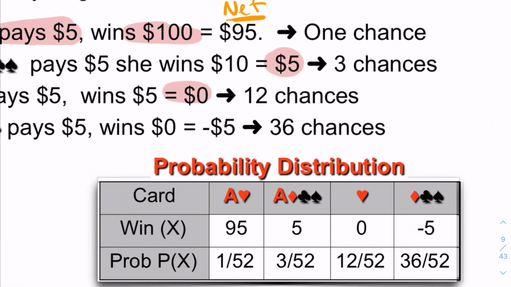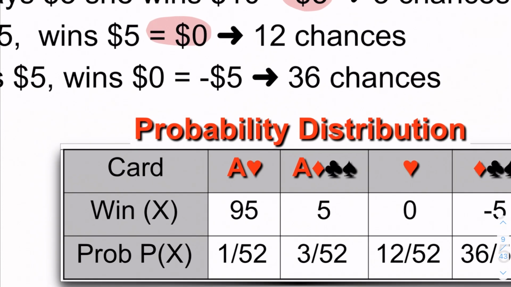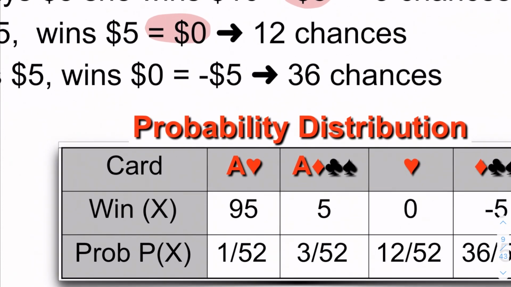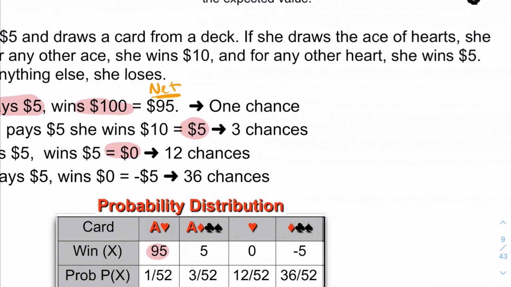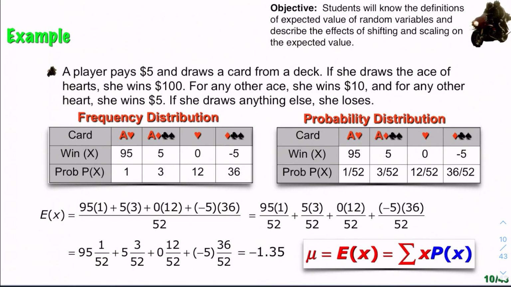So we can come up with this probability distribution. This is our model. We have our variable, which is winning the game, and your payout. So if you draw an ace of hearts, you win $95, but that's a 1 in 52 shot. So if I take this distribution, what I want us to do is find the expected value, which is the mean.